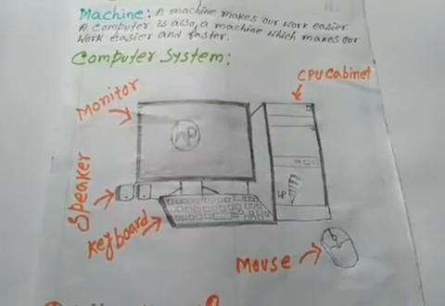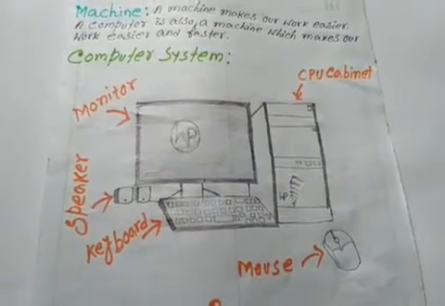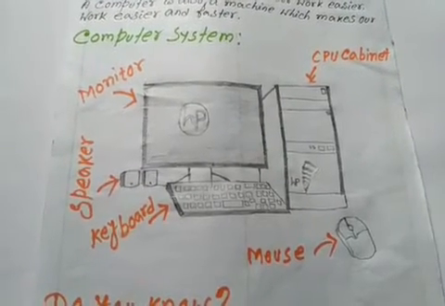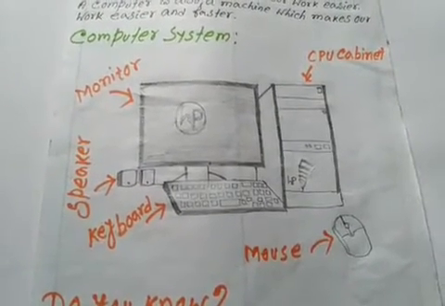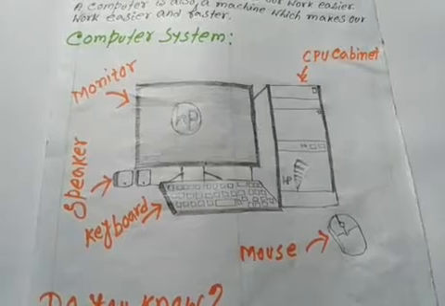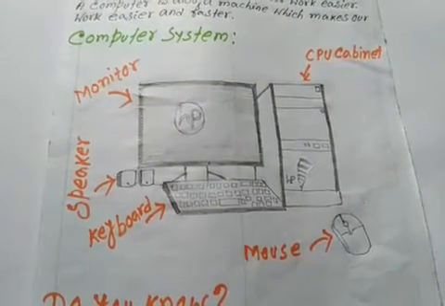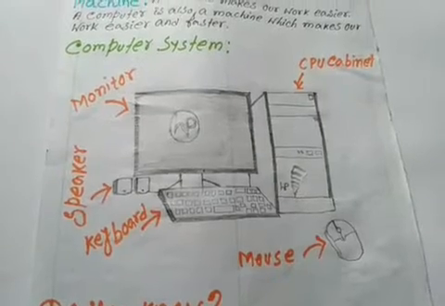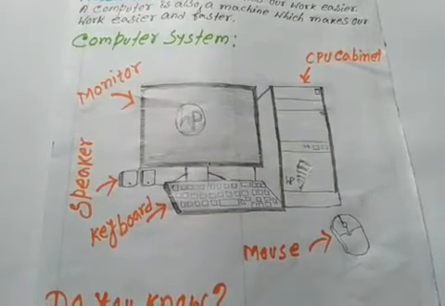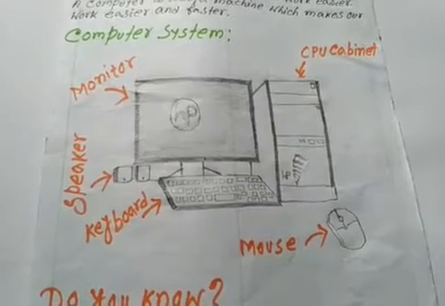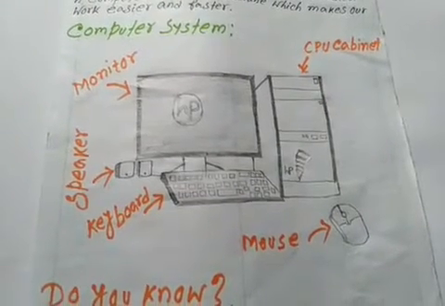Now we will discuss the computer system. A computer system is a set of integrated devices that input, output, process and store data and information. Input means taking data from the user through input devices like keyboard and mouse.